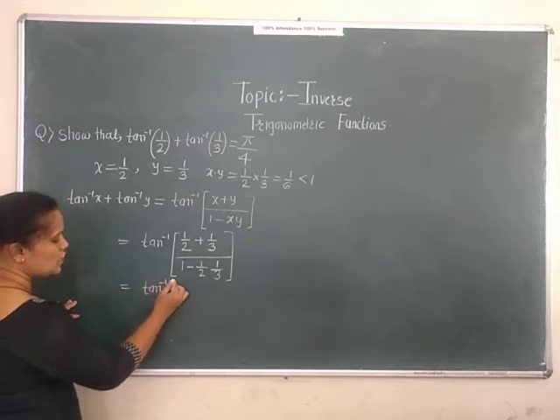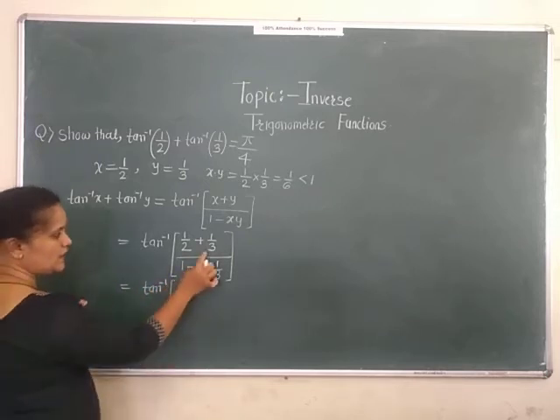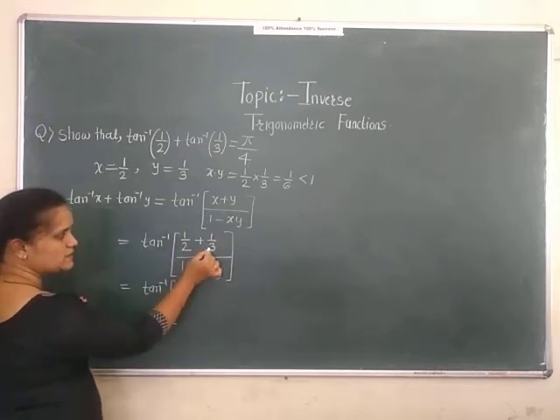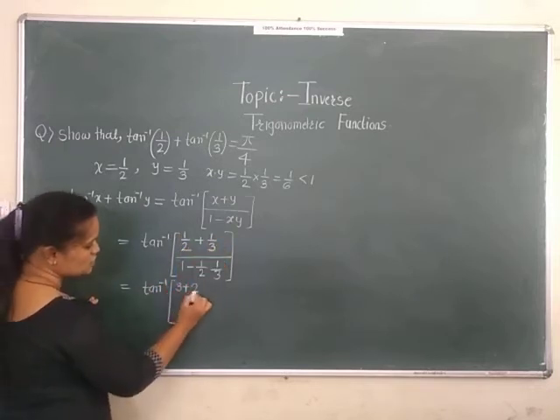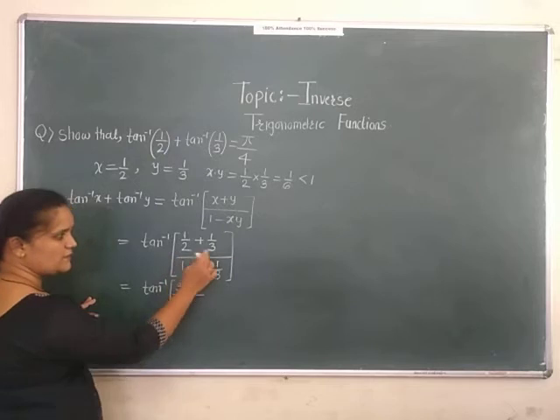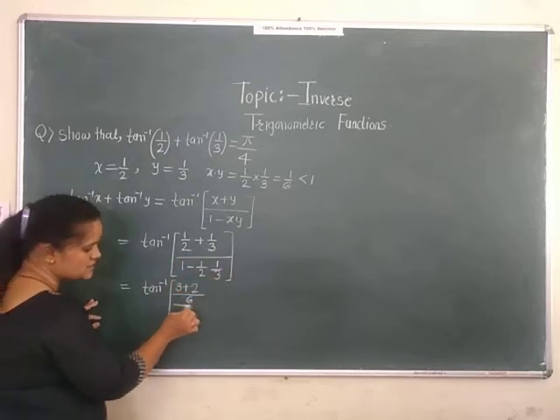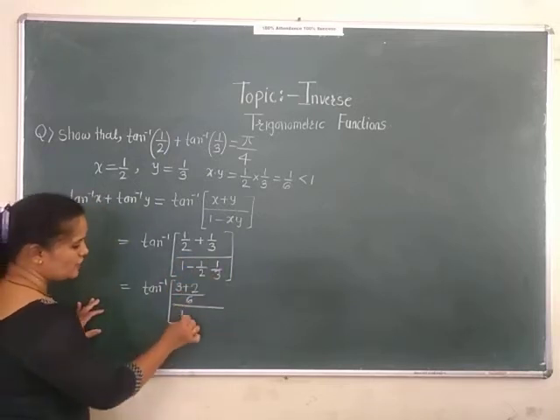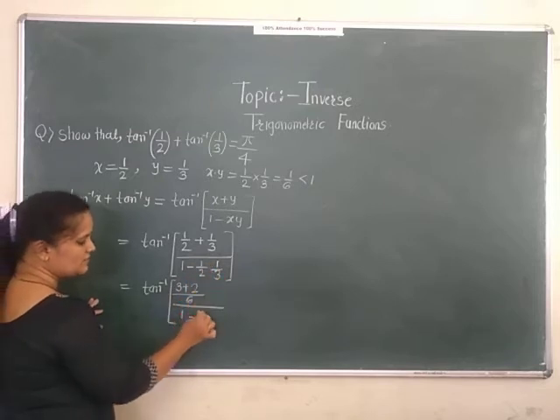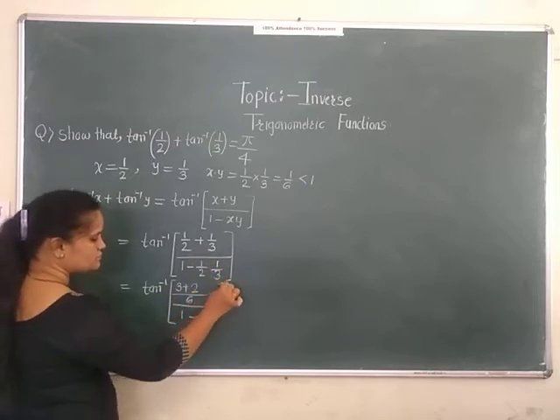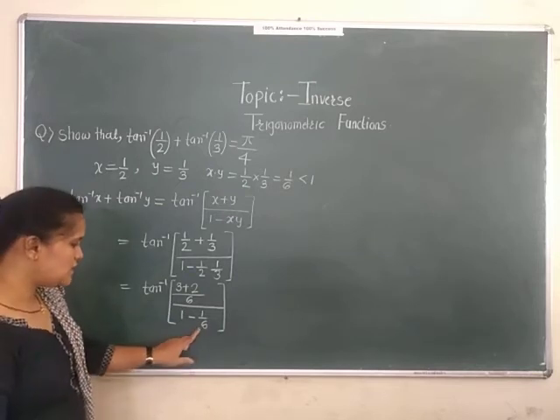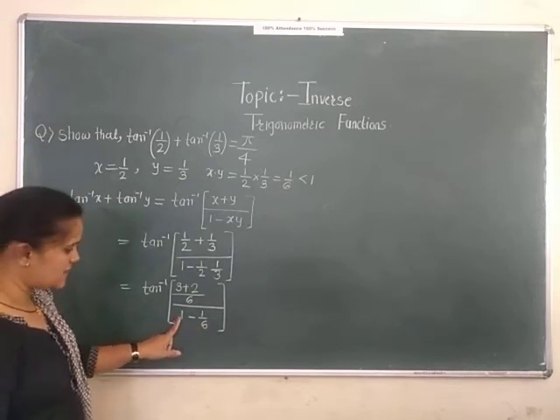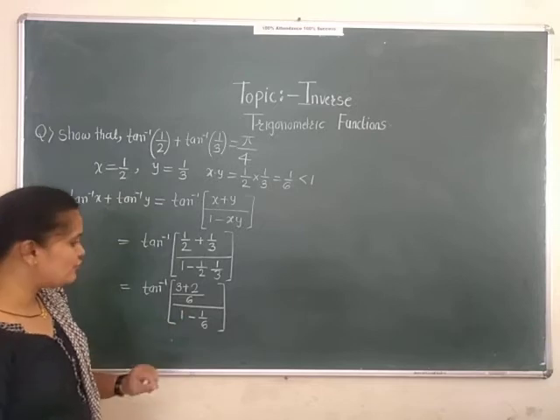Tan inverse of. Okay. Now here cross multiplication will be here. 3 into 1 is 3 plus 2 into 1 is 2 divided by multiplication of both these terms is 6 divided by 1 minus 1 by 2 into 1 by 3 is 1 by 6. Now further to solve, 6 into 1 is 6 and 6 minus 1 it gives you 5 by 6.